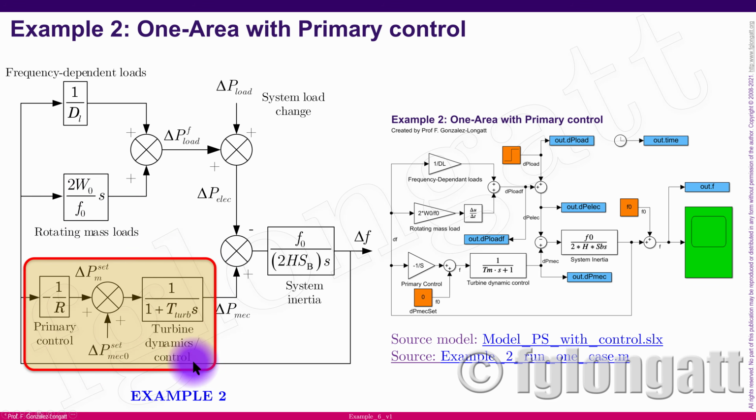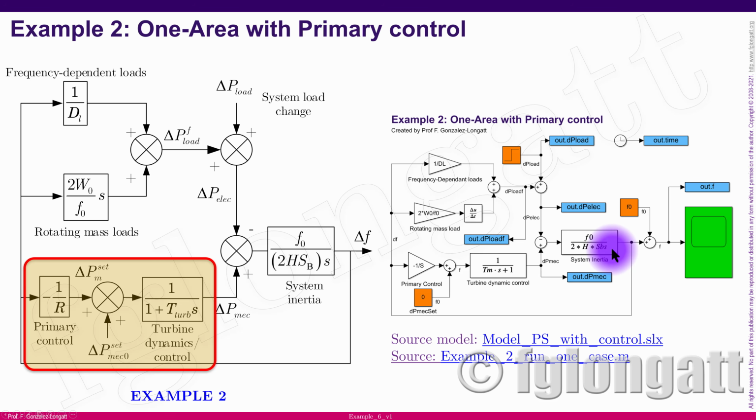And highlighted here in red and orange, you can see the controller that is dedicated to define the mechanical power going to the machine, okay? This is basically the primary frequency control, or what we call the turbine dynamic control. In this case, we are using a classical first-order transfer function, and this is the time constant related to the turbine dynamics. On the right-hand side, you can see the implementation.